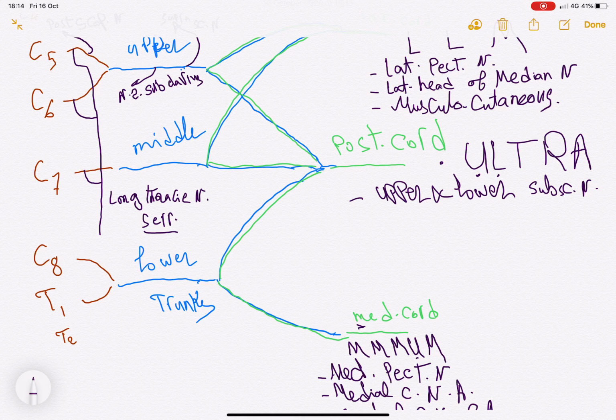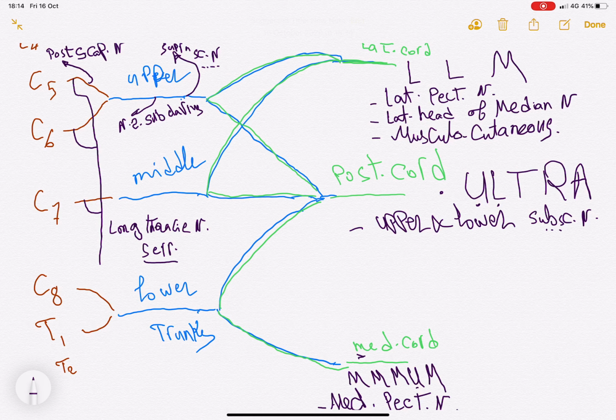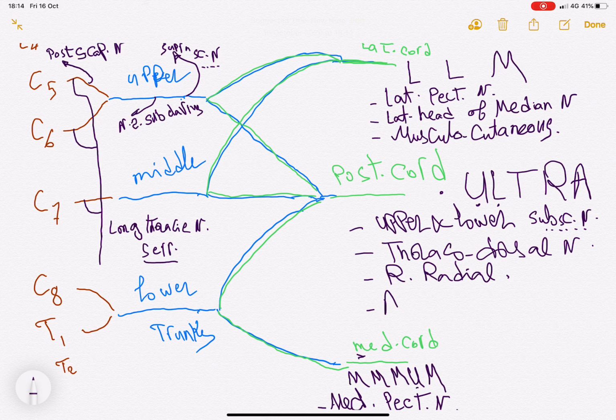We had a suprascapular nerve here, and we have a subscapular nerve here. T is for the thoracodorsal nerve. R is for radial, and A for the axillary nerve.